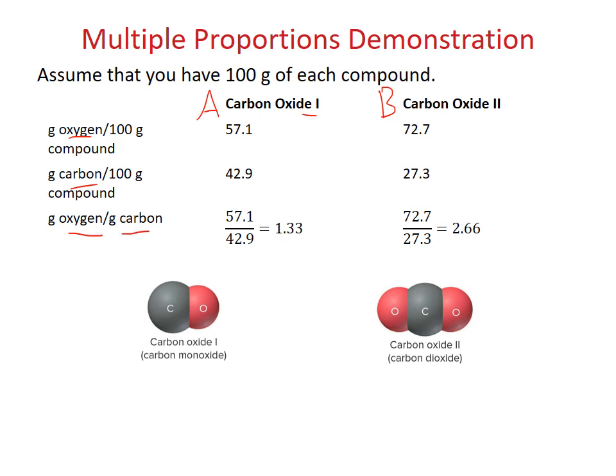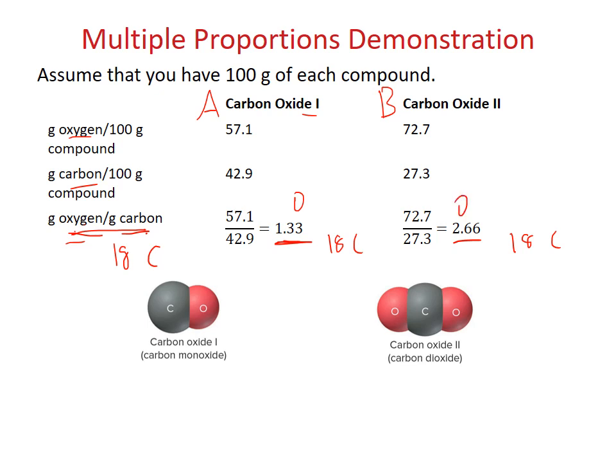Now notice that the ratio of oxygen over carbon means for every 1 gram of carbon, how many grams of oxygen. For example, here this means for 1 gram of carbon, you have 1.33 grams of oxygen. And this means for 1 gram of carbon, 2.66 grams of oxygen.